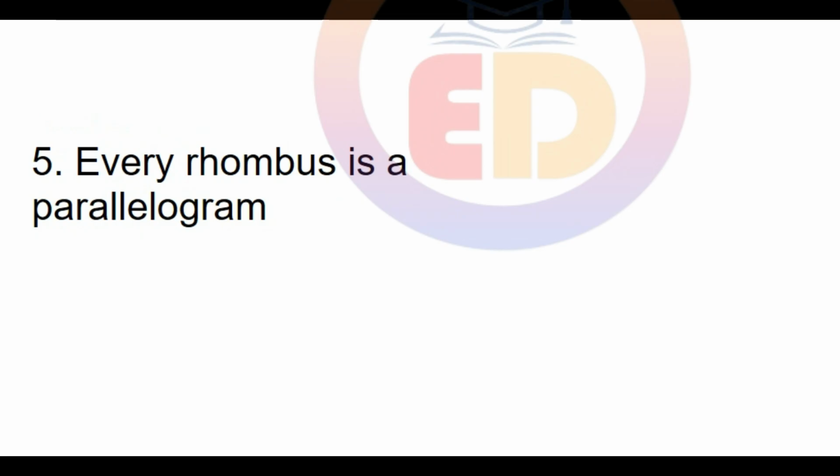Continuing further with the true false question number 5. Every rhombus is a parallelogram. Question says that every rhombus is a parallelogram. So let us first check what is the condition of being a parallelogram.